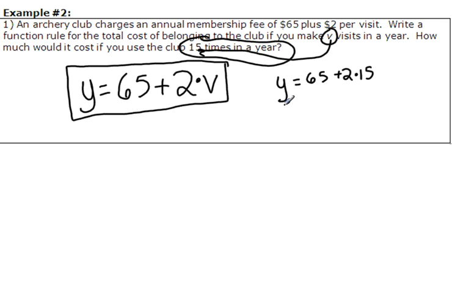Then I'm going to solve for y. Remember your order of operations, you need to multiply first. So this would be 65 plus 30, because 2 times 15 is 30. And now 65 plus 30 is 95. So it would cost $95 to visit the club 15 times in a year.